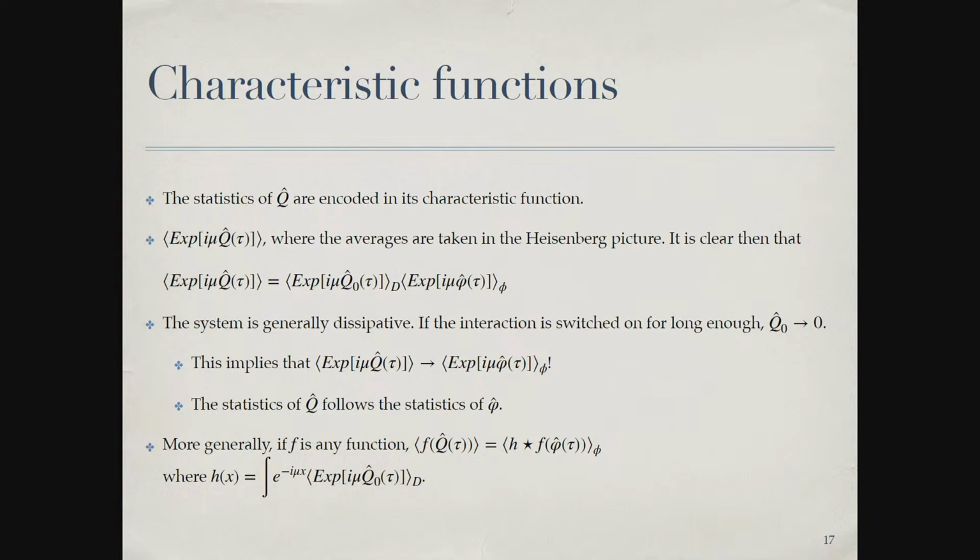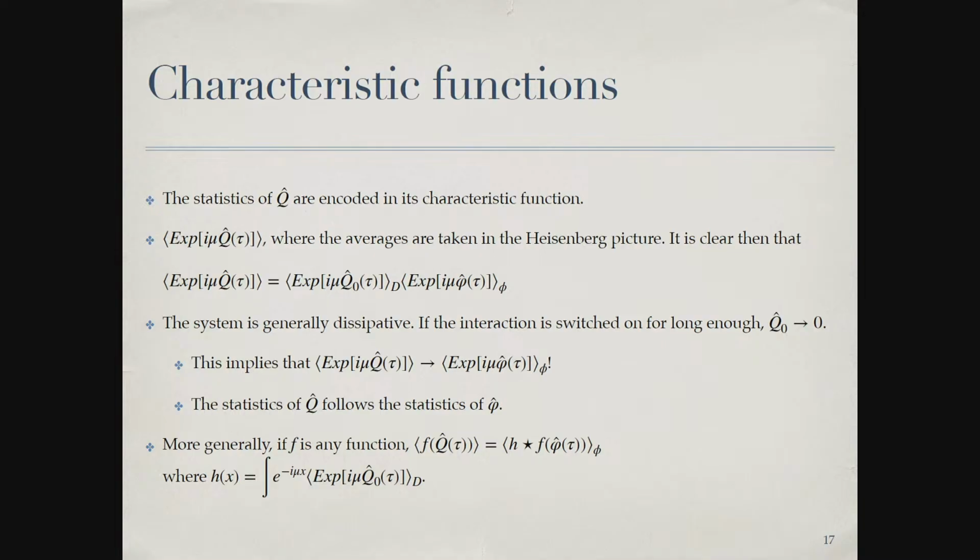Is that clear? Where this is the average in the initial state of the detector, and this is the average in the state of the field, of this particular field amplitude. And now, the beautiful thing about this system is that this obeys an integro-differential equation that is generally dissipative.